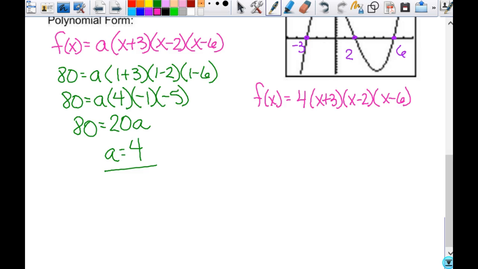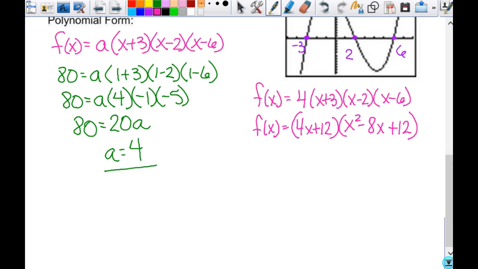You have options as to how you want to multiply it out. What I would do is take these first two together, so that gives me 4x plus 12, and then multiply the second two together, so that gives me x squared minus 2x minus 6x is minus 8x plus 12.